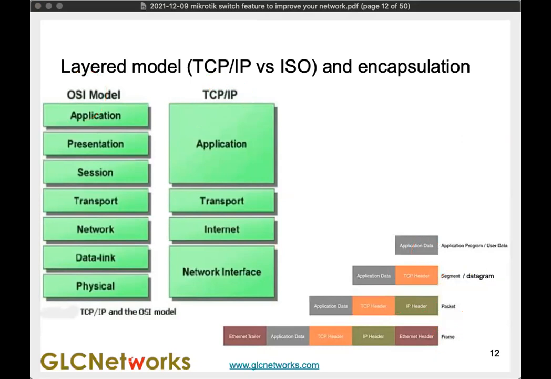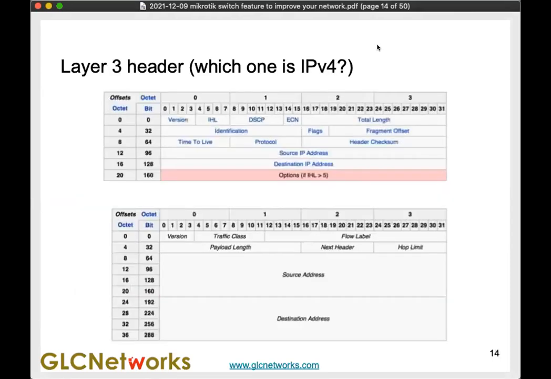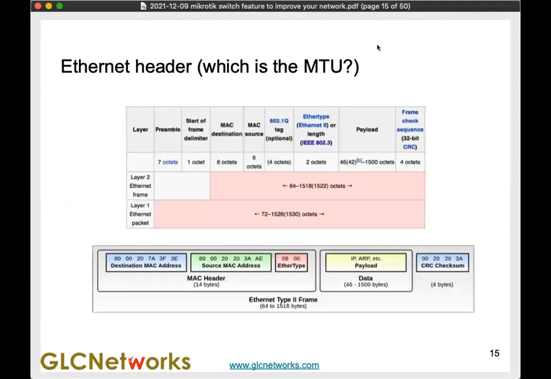And what about layer 1? Layer 1 is just bits, 0s and 1s, in the physical representation, either with electromagnetic signals like radio waves, or with electrical signals if it is Ethernet cables, 1 and 0 with the voltage, or with light, like when you are using fiber optics. Here are some examples of headers: layer 4 header, layer 3 header, layer 2 header.